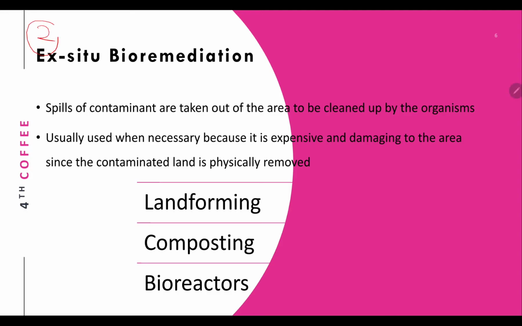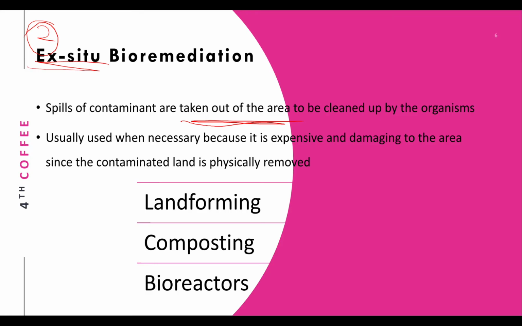Second type of bioremediation is the Excito. So as mentioned just now, Excito means that we take out the contaminants out of the area of the pollution. So when Excito bioremediation is being chosen, usually we use this process where we take out the spills of the contaminant.